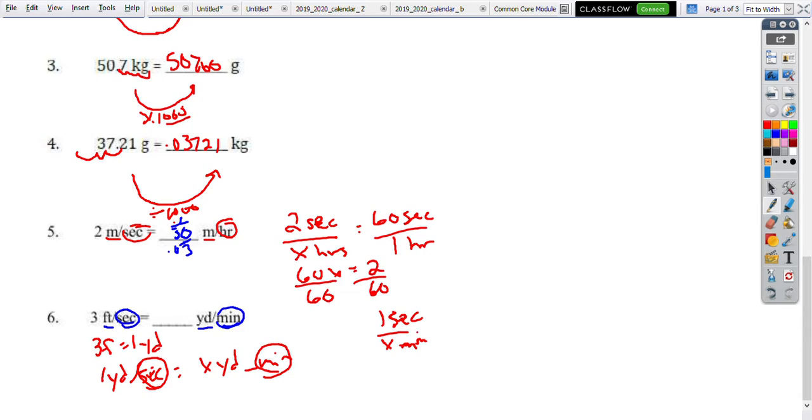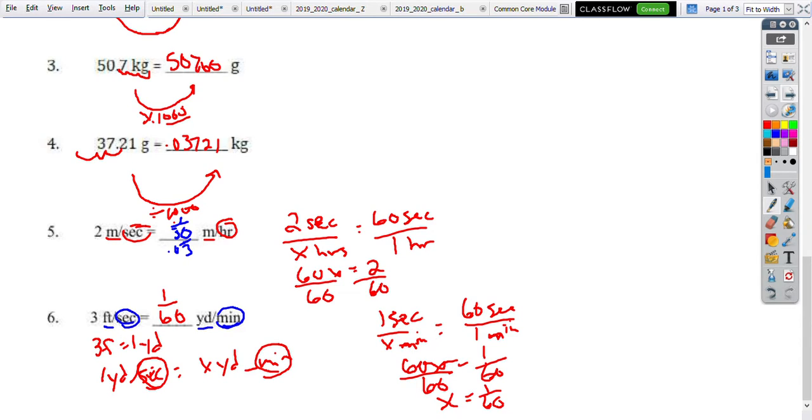Minutes, it's a MIN, is 60 seconds. There's our scale factor over 1 minute. All right, so I cross multiply, I get 60x is equal to 1, divided by 60, and I end up with 1/60th for x. Okay, so it's equal to 1/60th yards per minute.